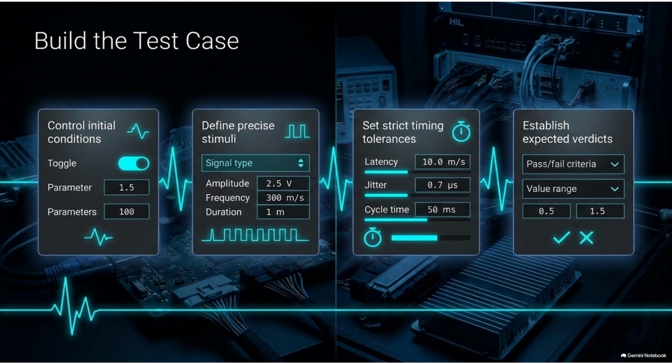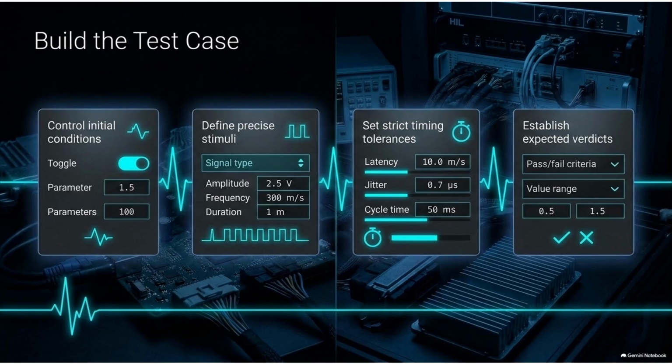Now we build a repeatable test case using 4 steps. First, we control initial conditions, like toggling parameters to set up our vehicle speed. Second, we define precise stimuli, setting the signal amplitude to 2.5 volts and the frequency to 300 meters per second.